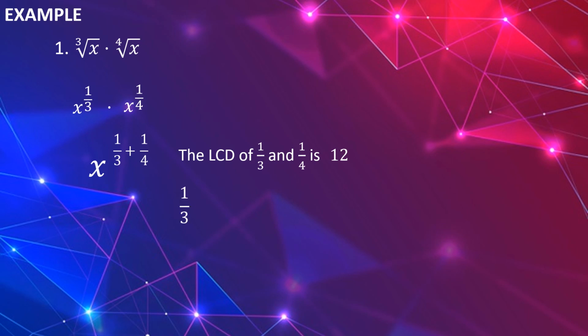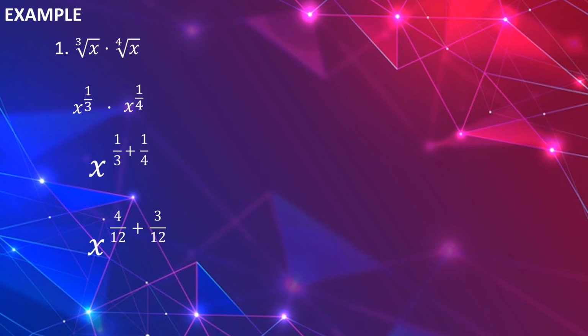So 1/3 will become 4/12. And 1/4 will become 3/12. So we write it as x raised to 4/12 plus 3/12. If we will get the sum of 4/12 and 3/12, we will now have x raised to 7/12.